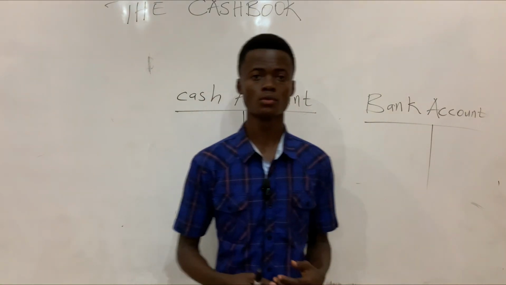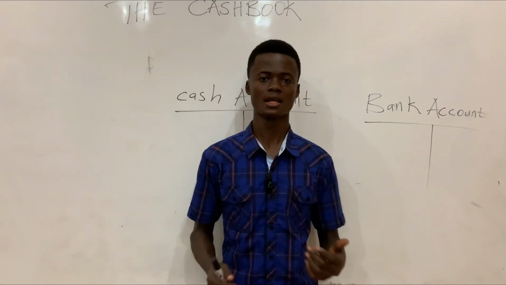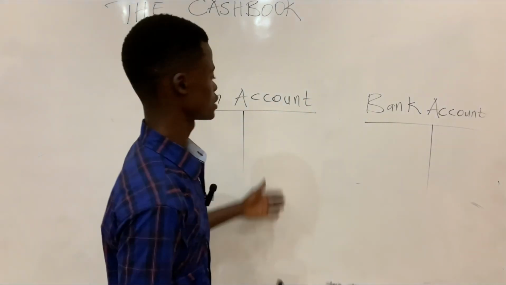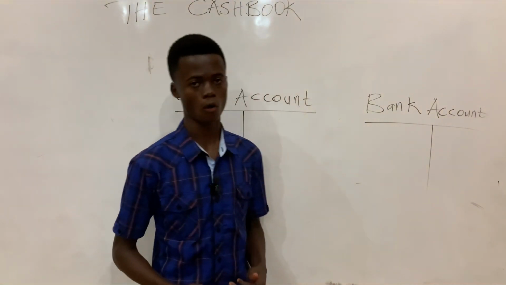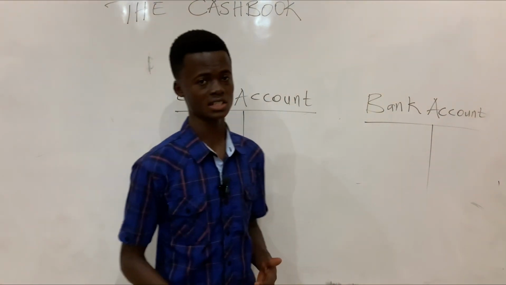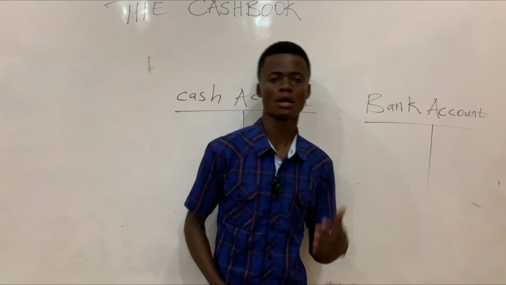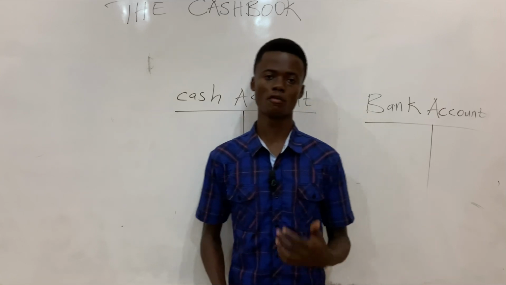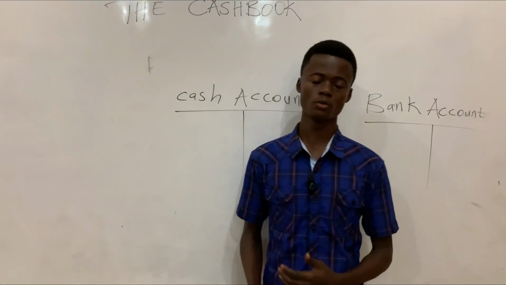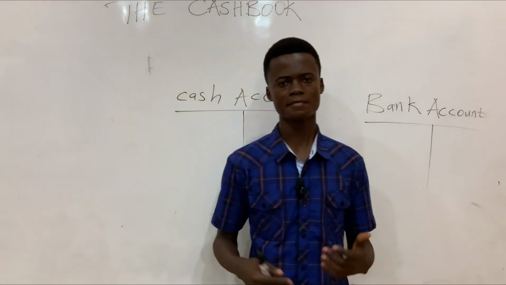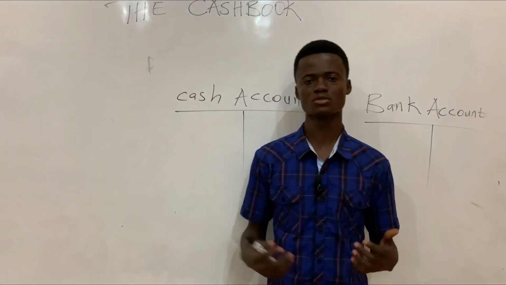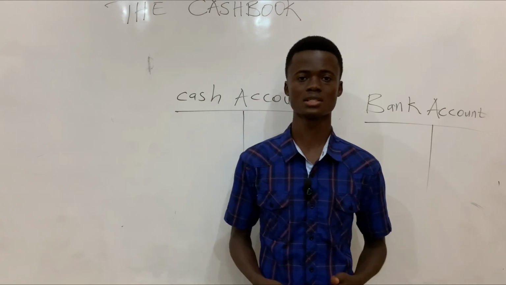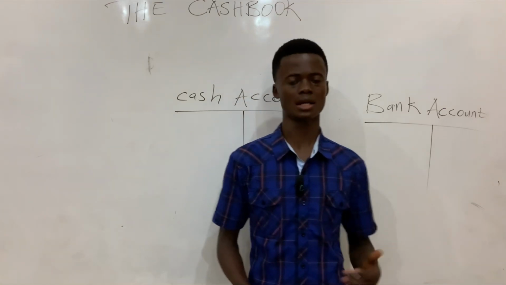The same cash book can also be regarded as a ledger because it is the final resting place of cash and bank transactions. When cash and bank transactions are recorded in them, they are not further posted to any other account. In the definition of ledgers in the books of account video, we said that ledgers are the final resting place of accounting transactions, or they are the books into which accounting transactions are recorded after journalizing.